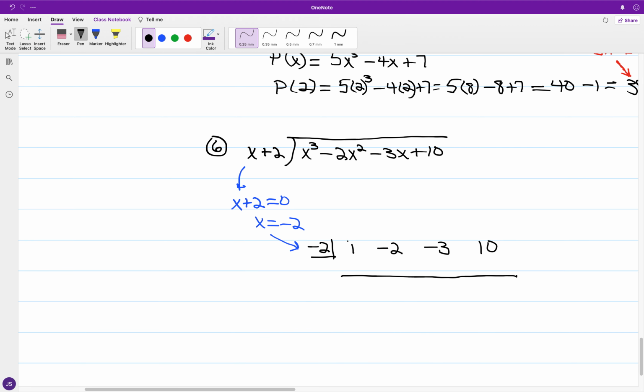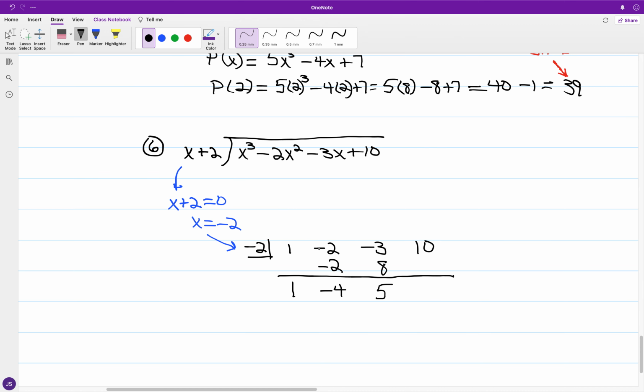The leading coefficient of the dividend will also be that of the quotient. Negative 2 times 1 is negative 2. Negative 2 plus negative 2 is negative 4. Negative 2 times negative 4 is a positive 8. Negative 3 plus 8 is a positive 5. Negative 2 times 5 is negative 10. And 10 plus negative 10 is 0.